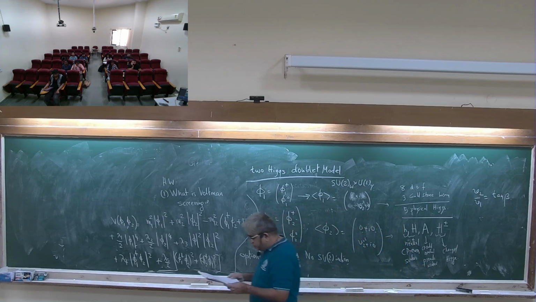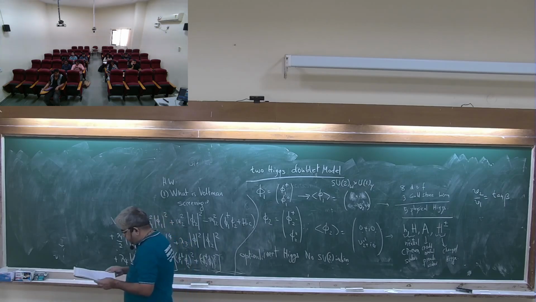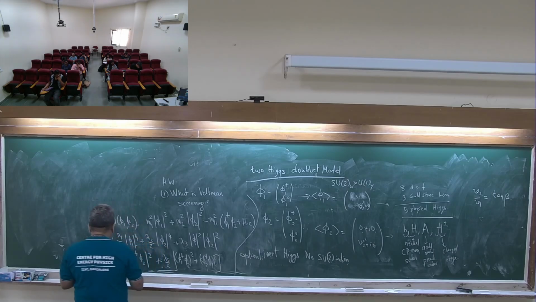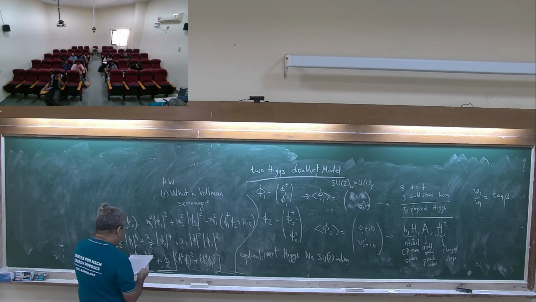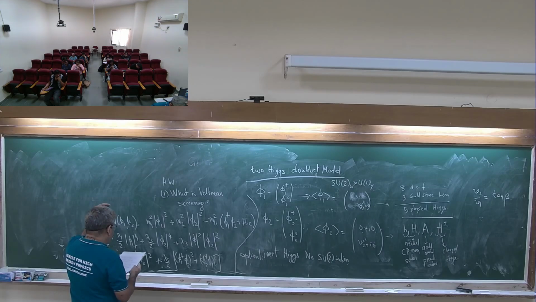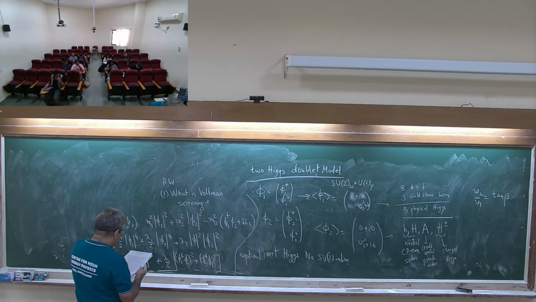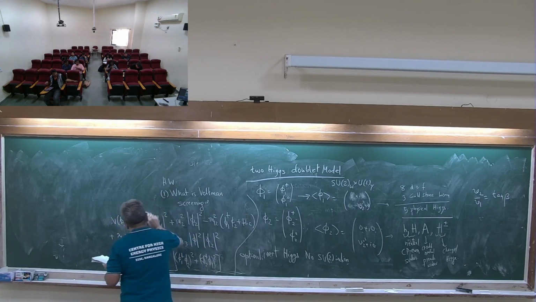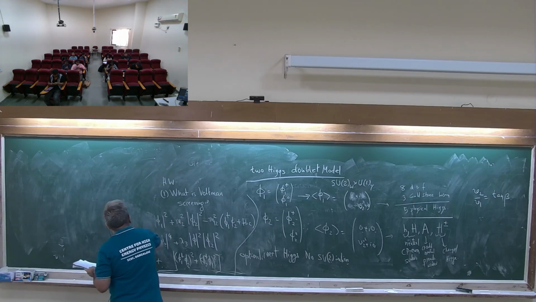Now you can explicitly calculate this relation. What is the electroweak precision, the rho parameter?